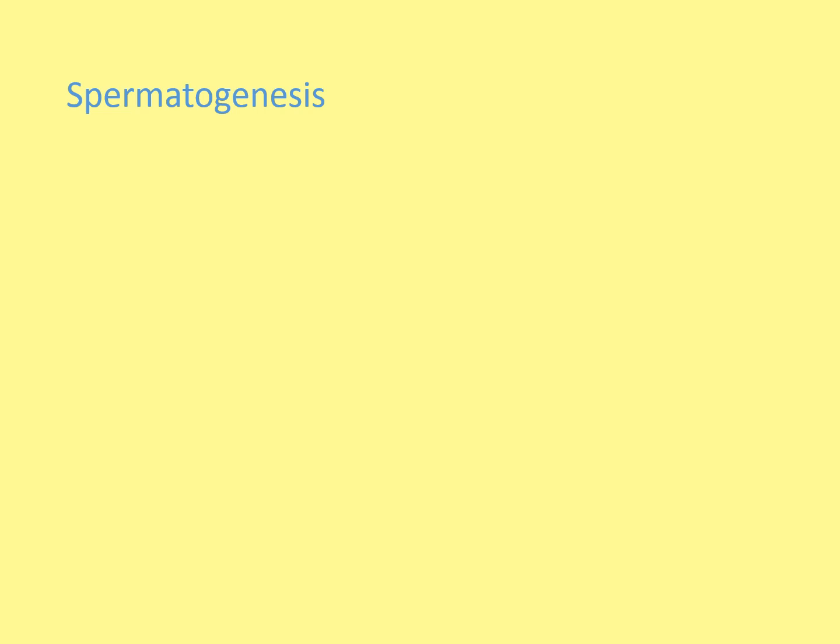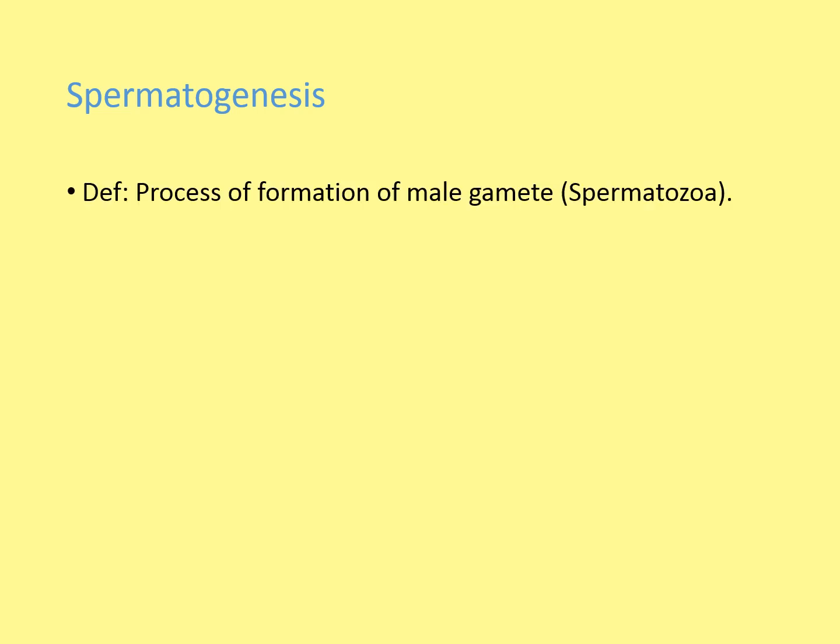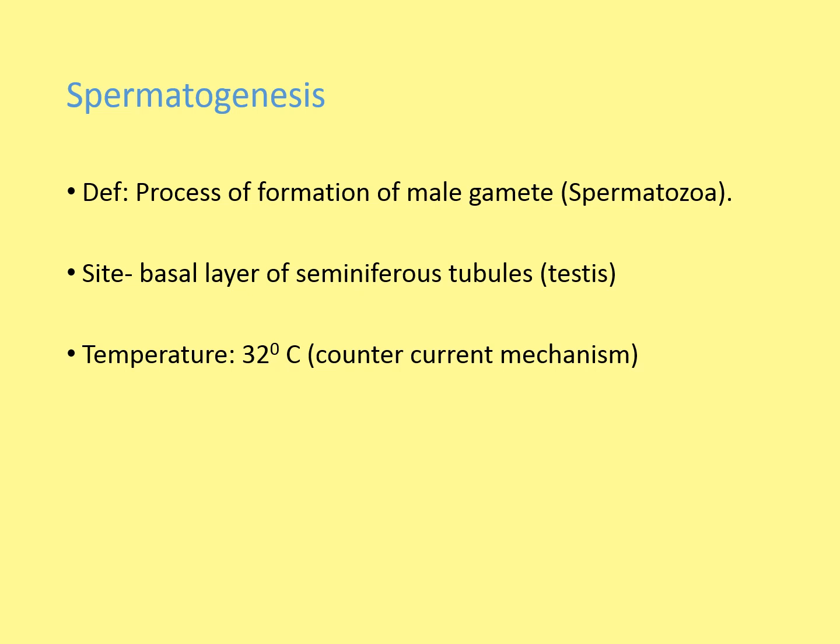Spermatogenesis. Definition: it is the process of formation of the male gamete, that is spermatozoa, at the basal layer of the seminiferous tubule in the testis. The temperature required for this process is 3 to 5 degrees centigrade lower than body temperature, that is 32 degrees centigrade.